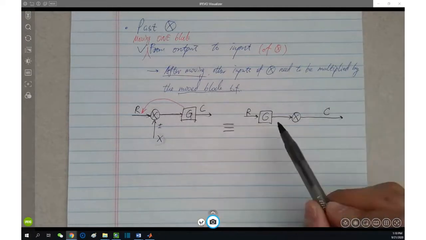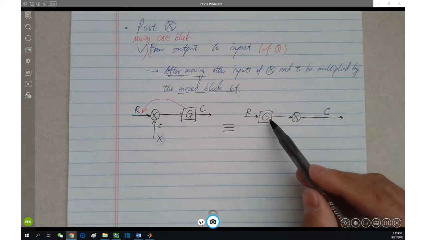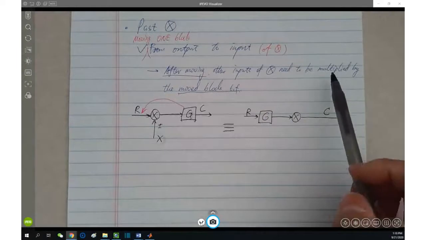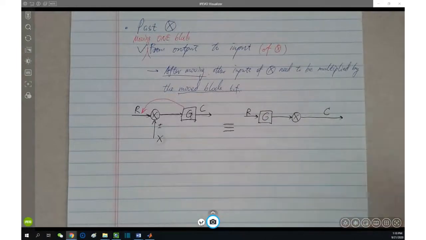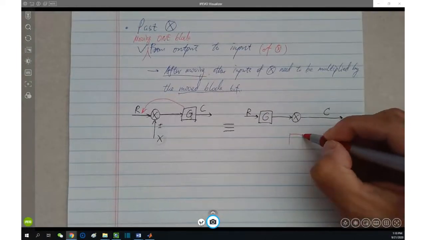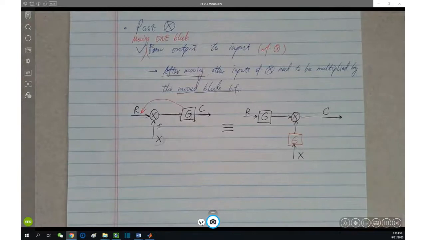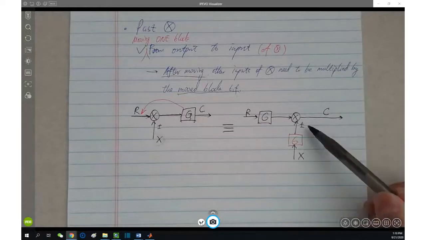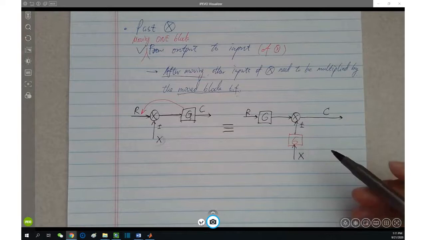In this particular example it is nothing but G. So this other input X needs to be multiplied by G. What does it mean? We need to place a G here in the pathway of the X before entering the summing junction. Does it make sense? Of course, this plus minus sign remains the same. Okay, you can't touch this.